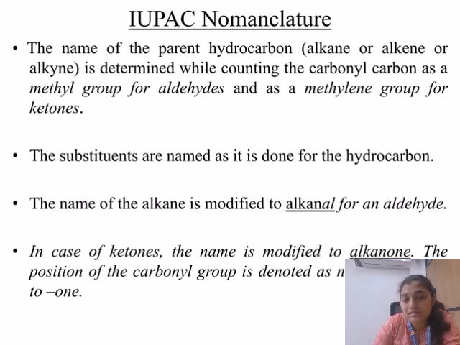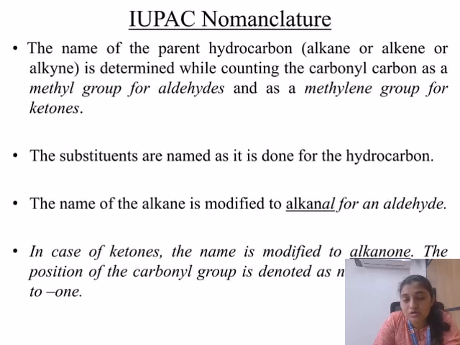So we can say alkanone. The position of the carbonyl group can also be denoted: whichever carbon shows the double bond, we can use a prefix number, like the second carbon, the third carbon, the fourth carbon, or the fifth carbon.